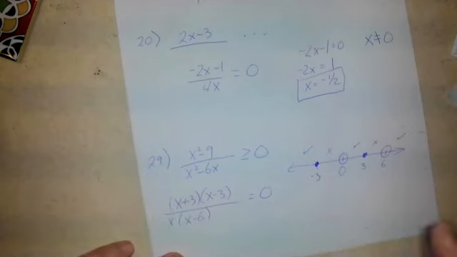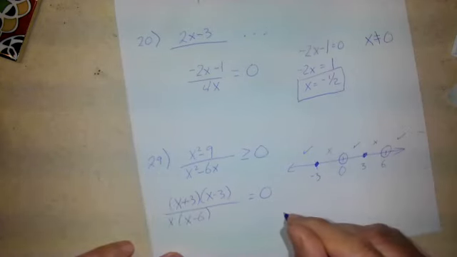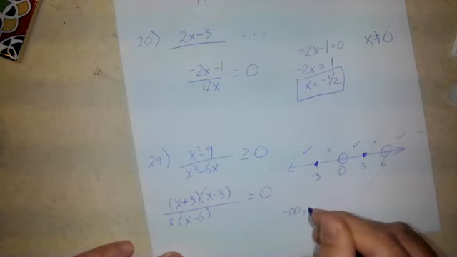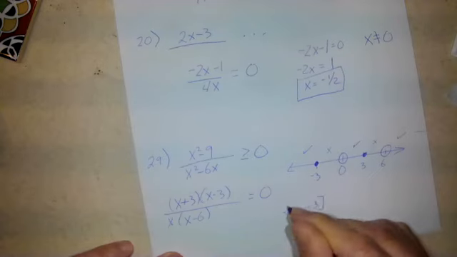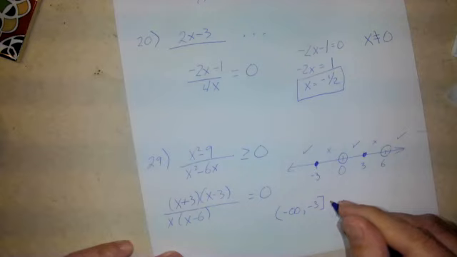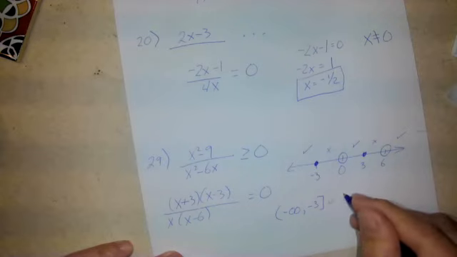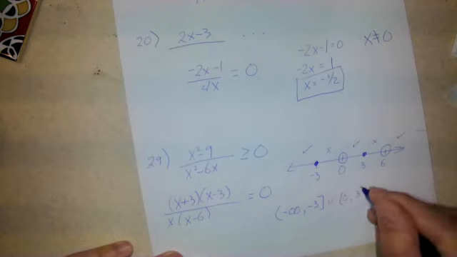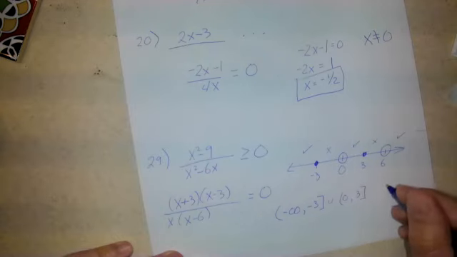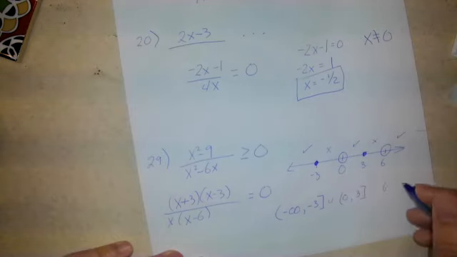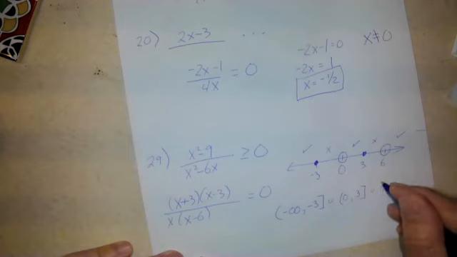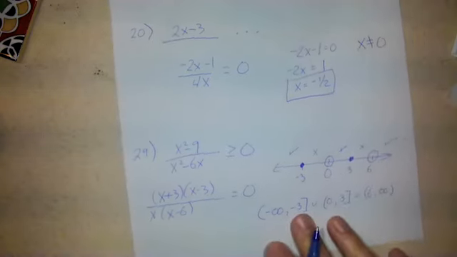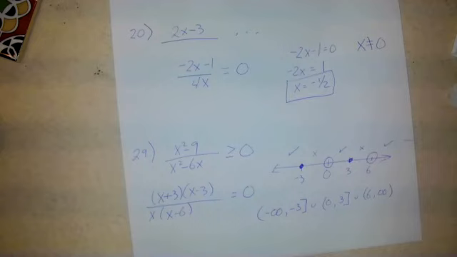So we have this alternating pattern where it works from negative infinity up to and including negative 3, never includes infinity. It works from 0, but not including 0, up into positive 3, and it works from 6, not including 6, up to infinity. All right, that's kind of fun.